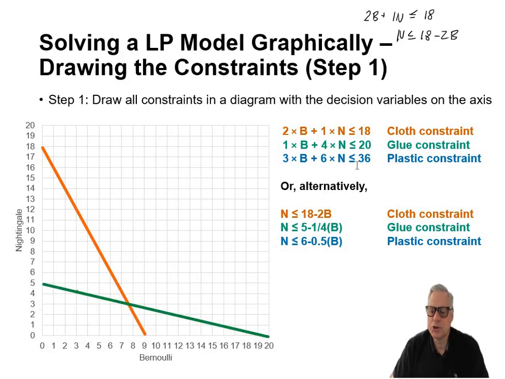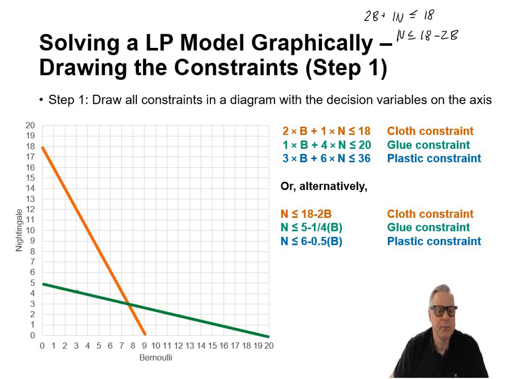And the last one is the plastic constraint. Again, we could rearrange 3b plus 6n less than or equal to 36 to n is less than or equal to 6 minus half a b. And again, if we divide 36 by 6, then we get 6, and that means if we only use plastic to produce Nightingales, we can produce 6 Nightingales.